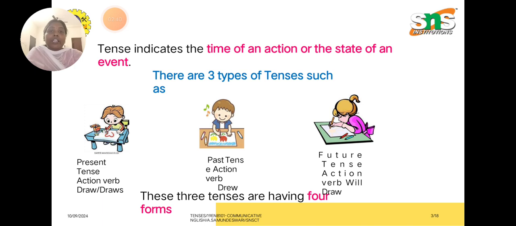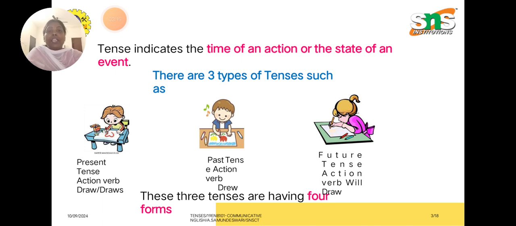Next, there are three types of tenses, and the tense indicates the time of an action. These three tenses, present, past and future, have four forms each: simple present tense, simple past tense, simple future tense; similarly, present continuous, past continuous and future continuous; present perfect, past perfect, future perfect; and present perfect continuous, past perfect continuous and future perfect continuous.